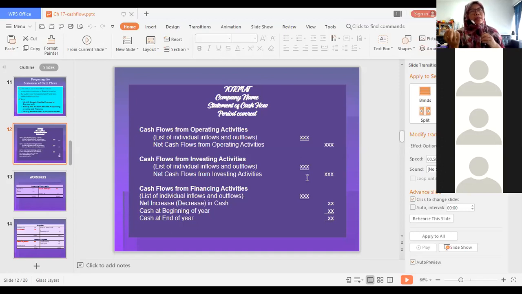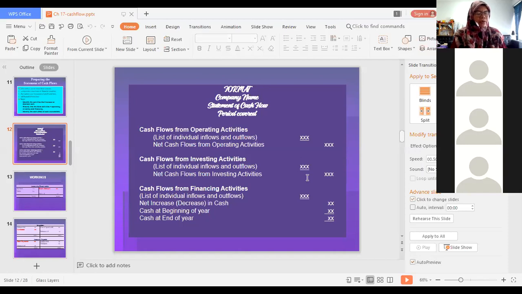So you can think logically. Hutang dia berkurang because they paid to us. So this 2,000 they paid to us. So when they paid to us, meaning we receive the money coming into the business. So what should we do? Decrease in receivable should be positive. You think that way logically.